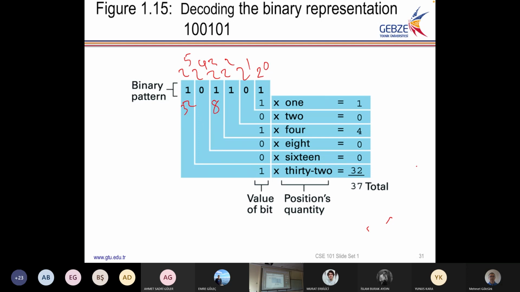They made a mistake, actually. This must be 1. Did you see that? So there is 4 and there is 1.